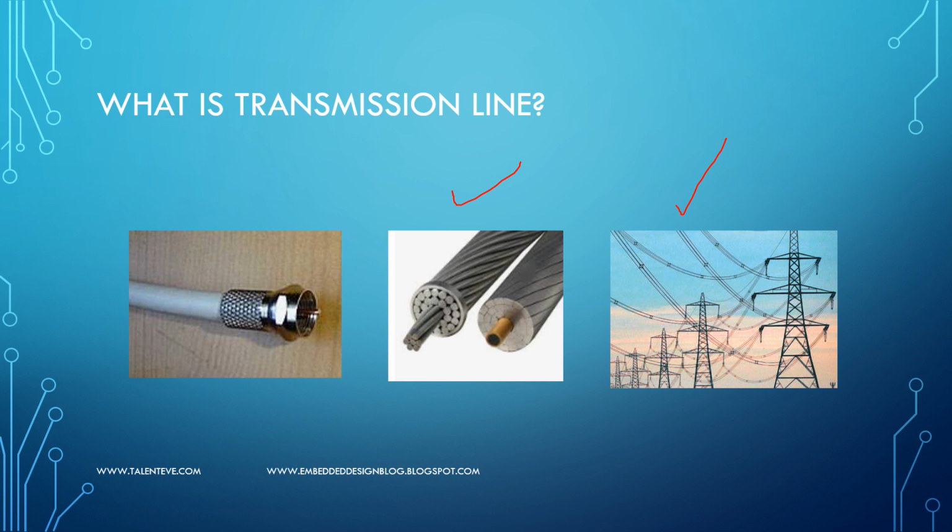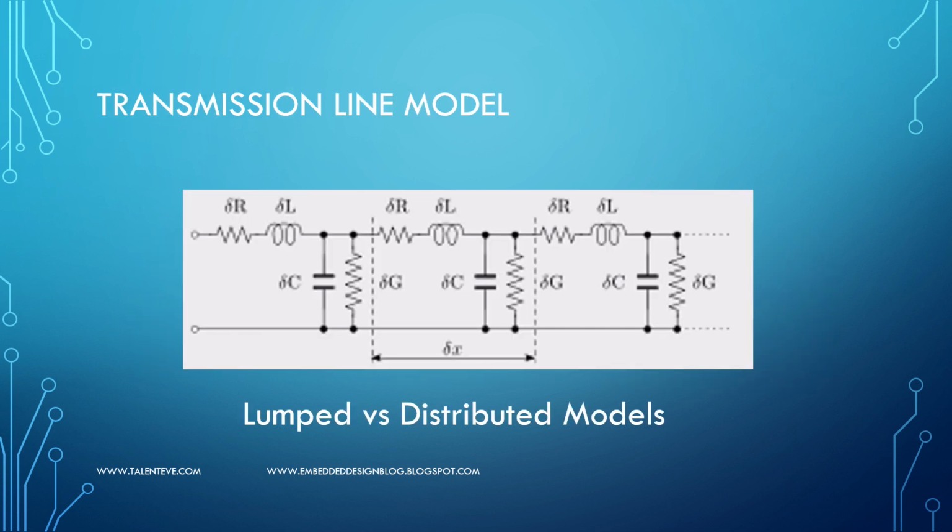Now this is how the model of a transmission line looks. Before going into the transmission line model, let us talk about what is a lumped model or a distributed model. Let us assume I have a battery, a resistor and then an LED.